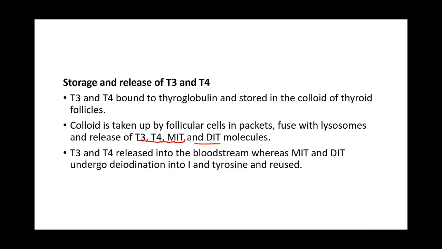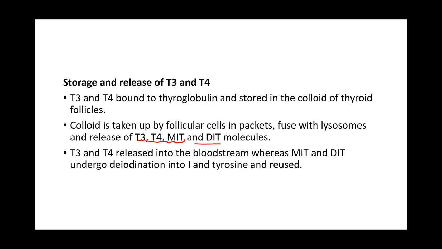Okay, so the lysosomes within these cells take up thyroglobulin that contains the hormones, then release the hormones from the thyroglobulin. All the iodothyronines, mono, di, tri, and tetra, are released.